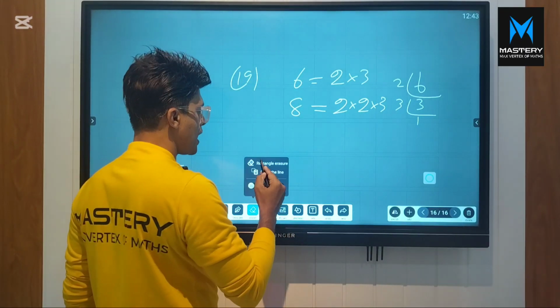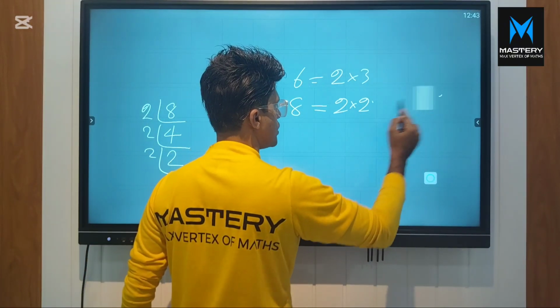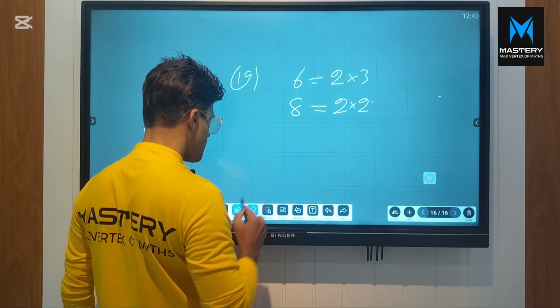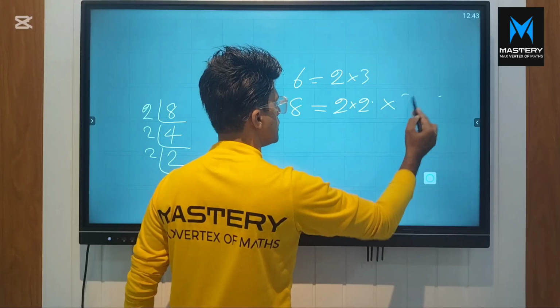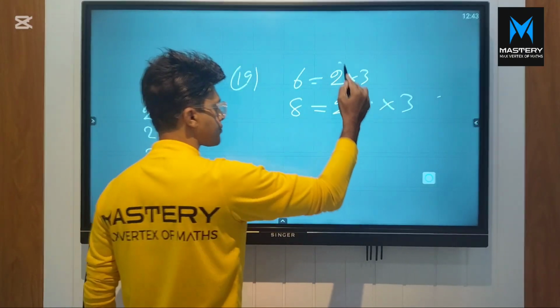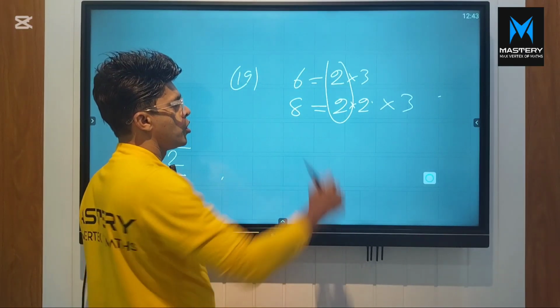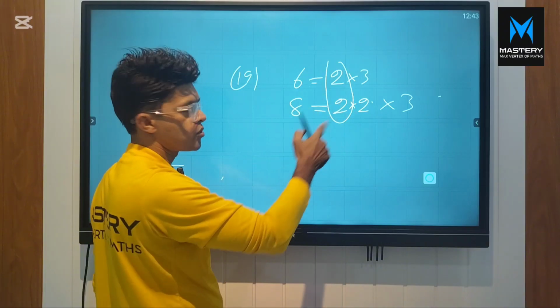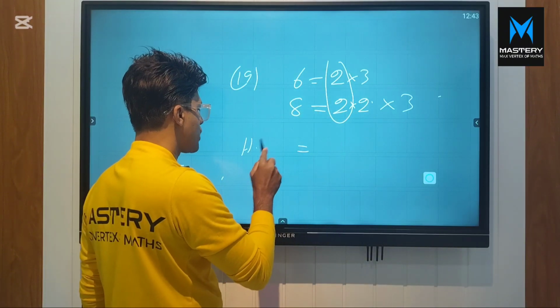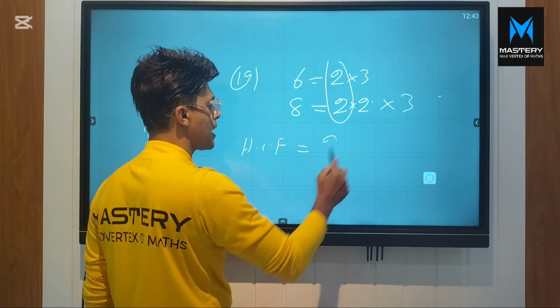Now we could get the HCF of this by obtaining the common values here. In this row you could see 2 here and 2 here. So in order to get the HCF, 1 two is taken here.